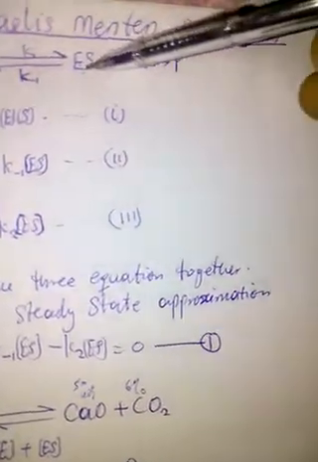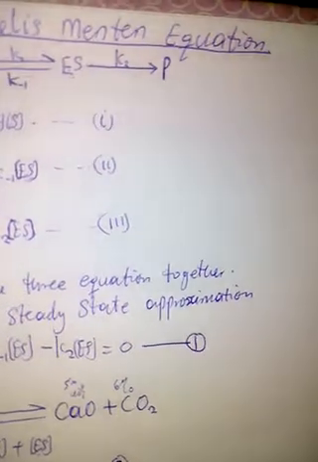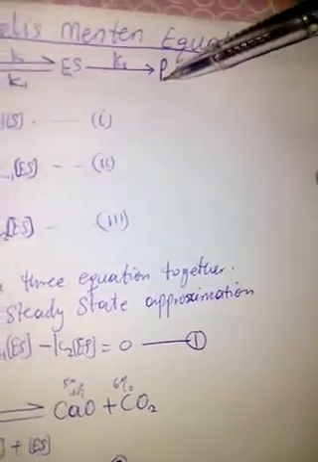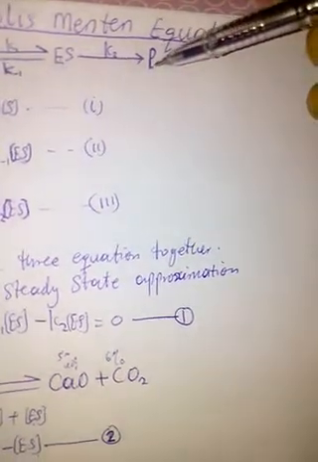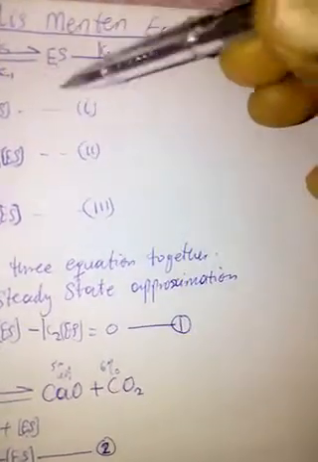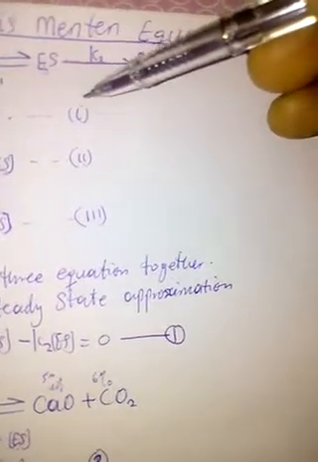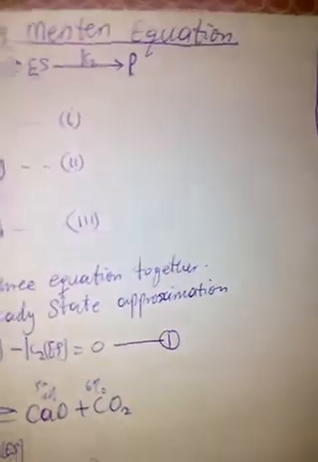But from here, the velocity of the reaction in terms of product, so as to eliminate ES and get our Michaelis-Menten equation, will be given as dP/dt equals to K2 ES.